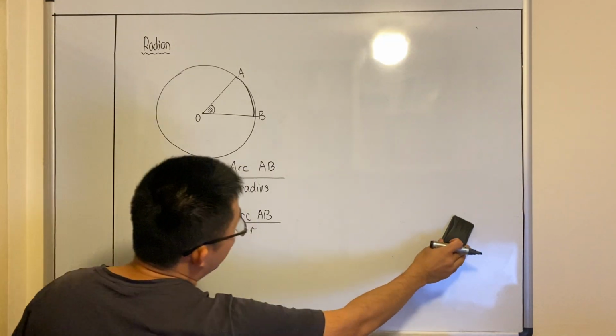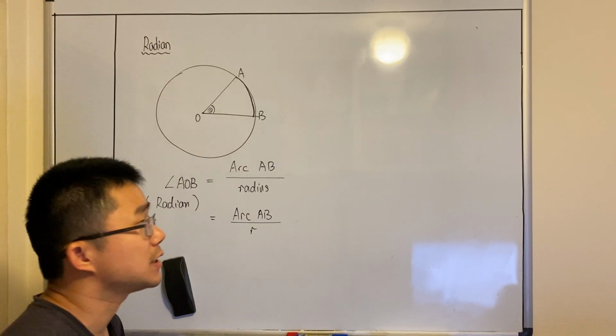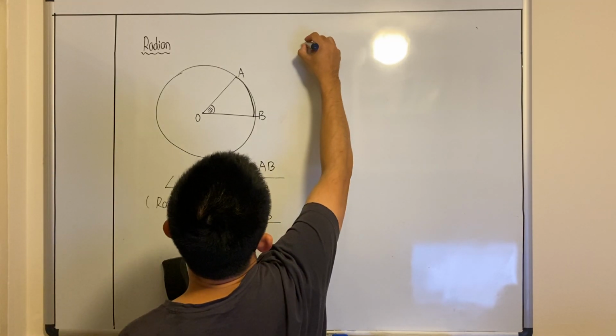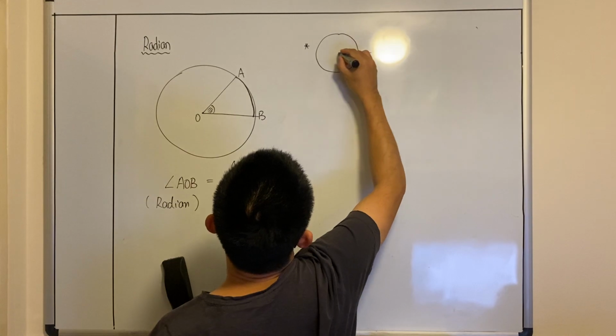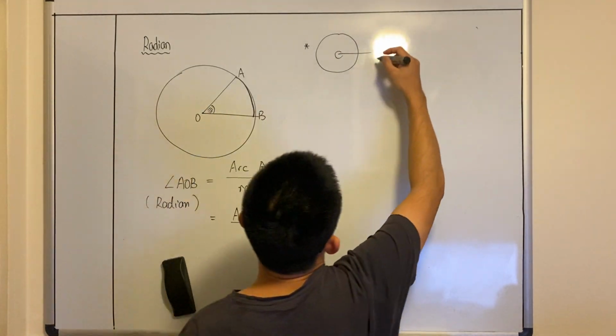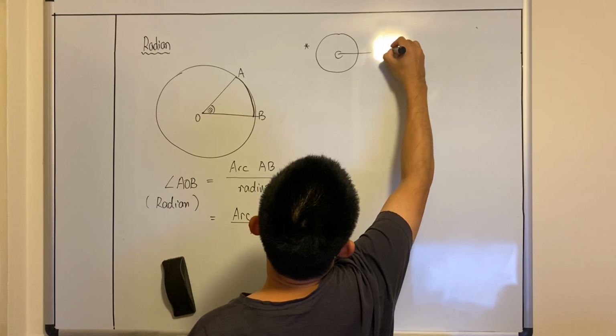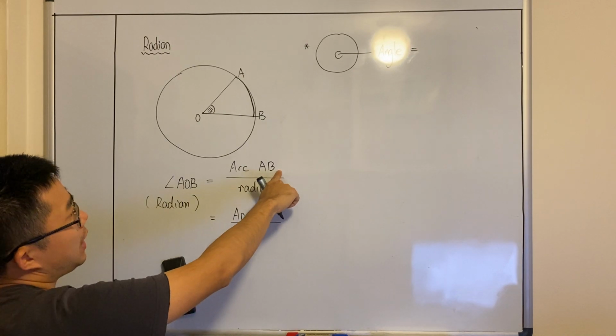Now, how do we know some common radians? All right, so for example, if I have one revolution, like 360 degrees. So the first case is we have a 360-degree angle, a revolution. Then if we want to find this angle here, the size of this angle is equal to, if we use the formula, the arc AB.